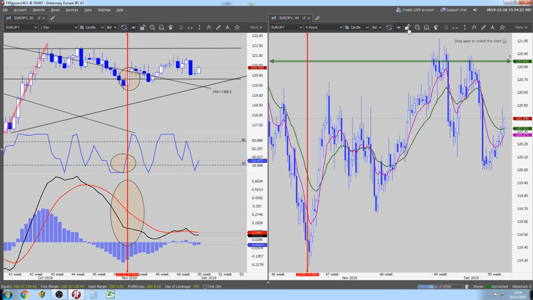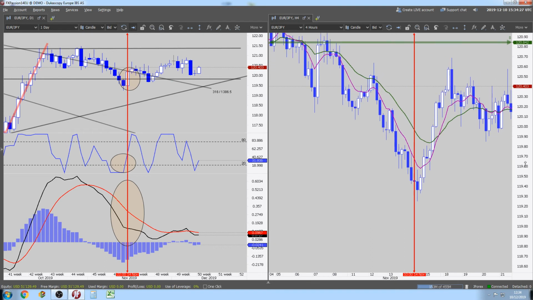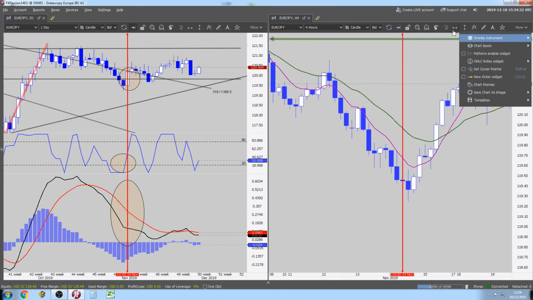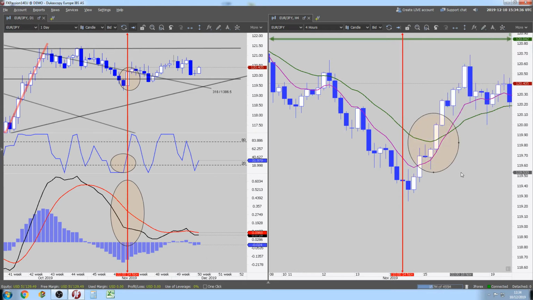If you are going to use indicators, right? So it's not the best, but still it's a good probability. Where is the circle? So I would enter in here, right? This is my strategy. What is your strategy?